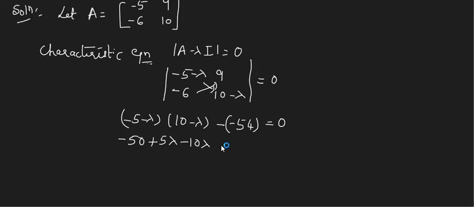Minus lambda into minus lambda is plus lambda square. Plus 54. Write it in an equation format. So first I'll write lambda square. Minus 10 plus 5 is how much? Minus 5 lambda. 54 minus 50 is plus 4.